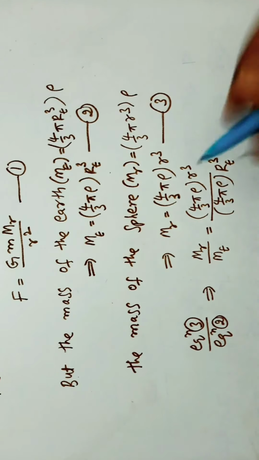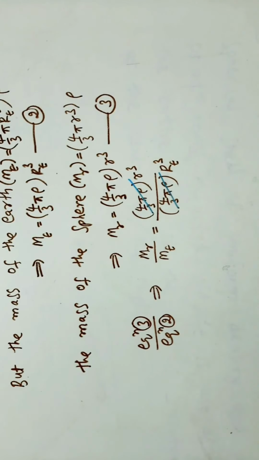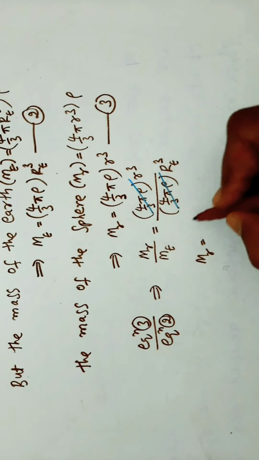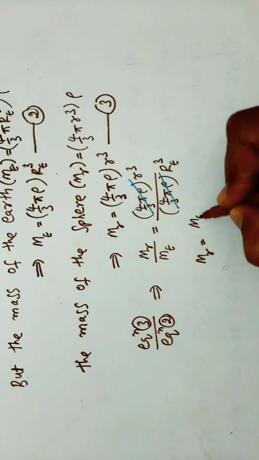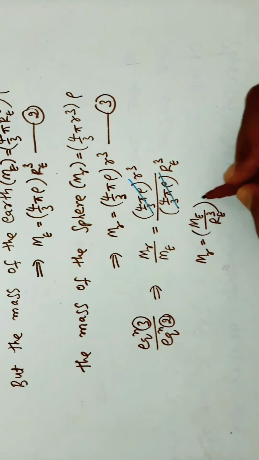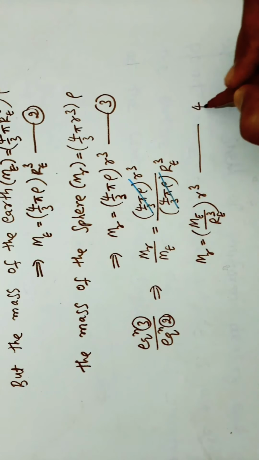Here 4 by 3 pi rho cancels with 4 by 3 pi rho. So from this we get Mr is equal to ME by RE cube into small r cube. Let us take this as equation 4.